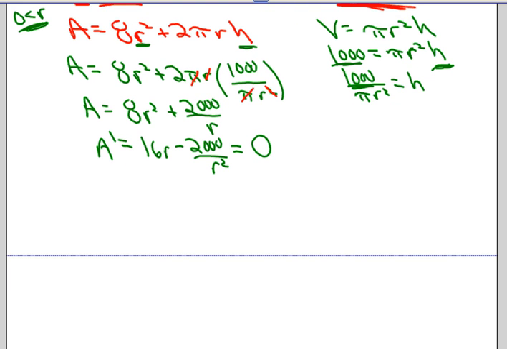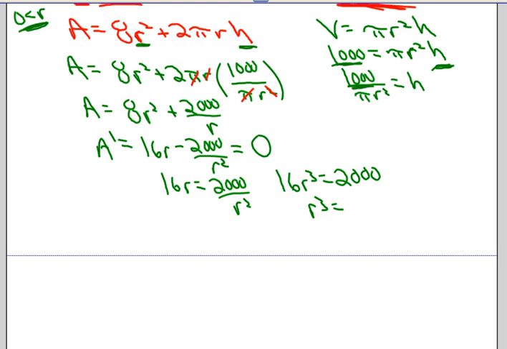I've got 16r is 2,000 over r squared. I cross multiply, and 16r cubed is 2,000. I'll divide this by 16, and 16 goes into 2,000, 125 times.